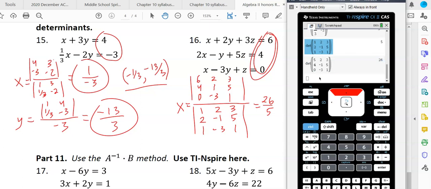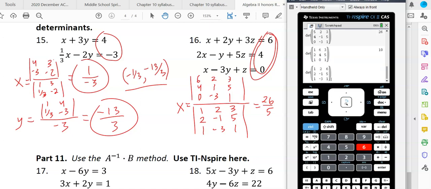Start with the coefficient matrix. Replace the y values with 6, 4, 0. Get 10. So y will be 10/5. I'll come back to that in a second. Copy and paste the coefficient matrix.